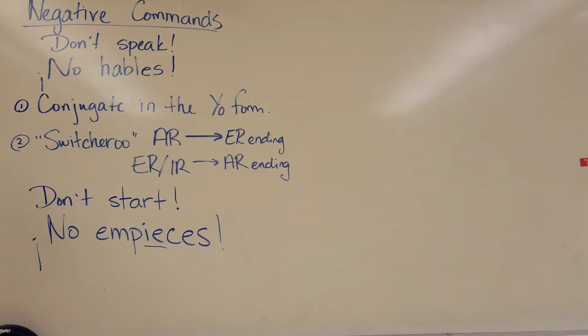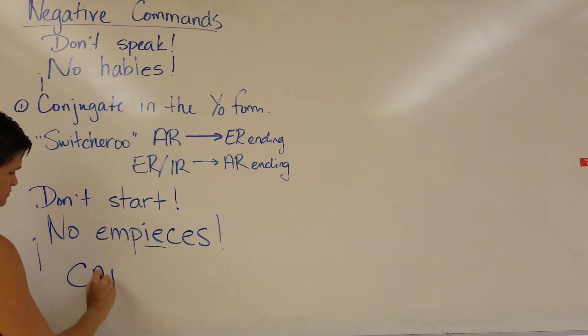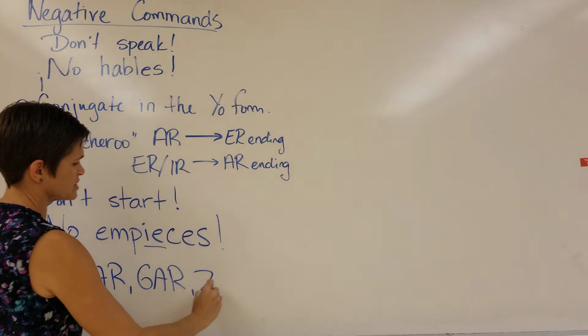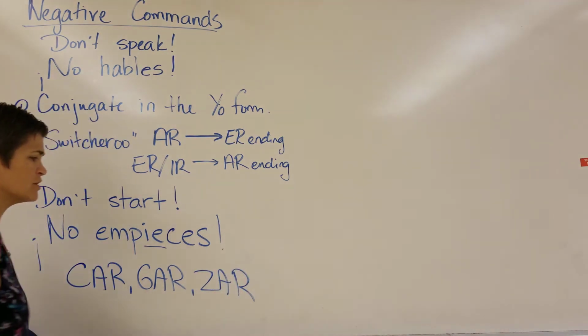And that's because car, gar, zar verbs are going to run into the same problem that they had in the yo form of the preterite.